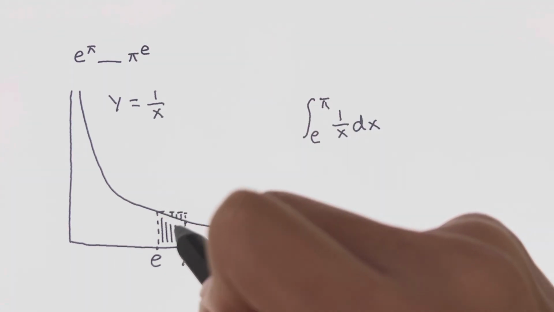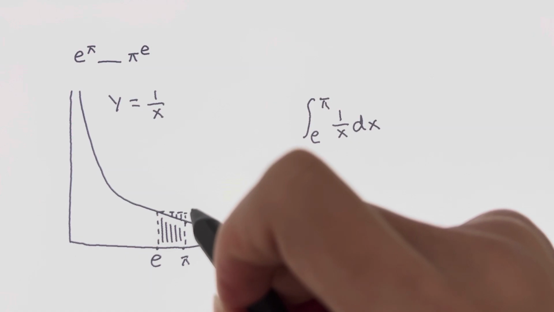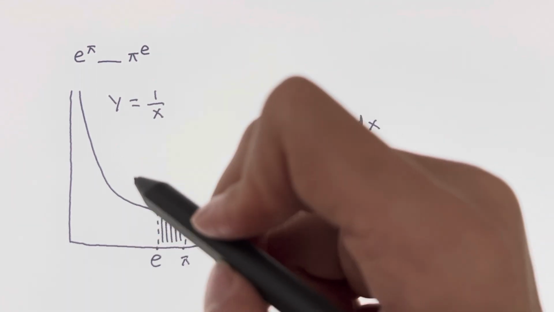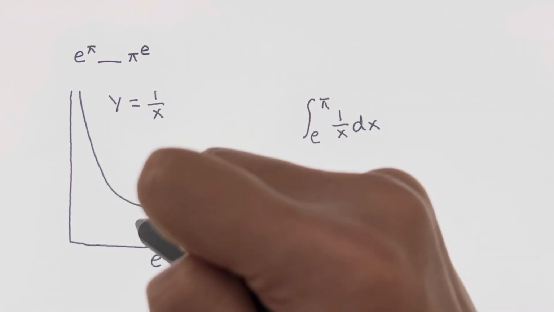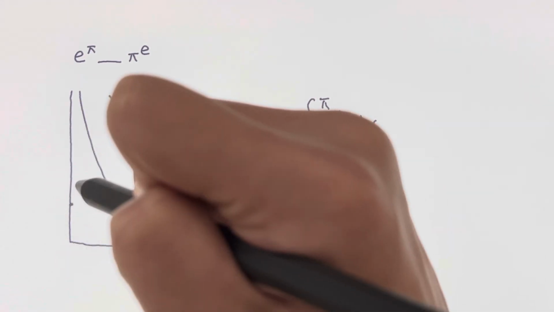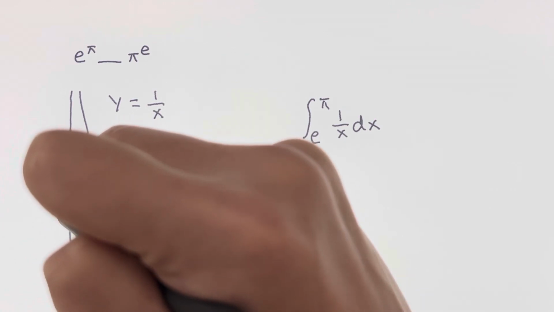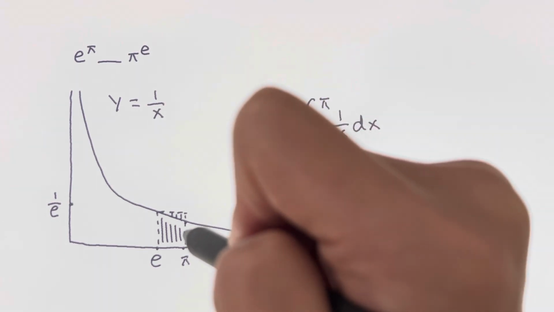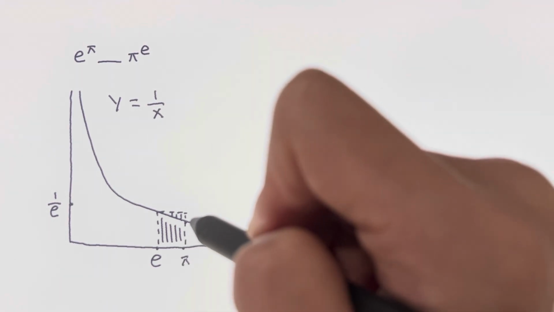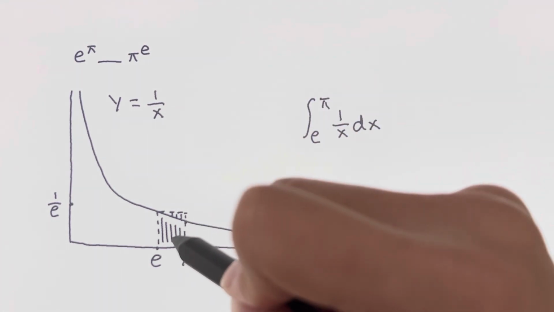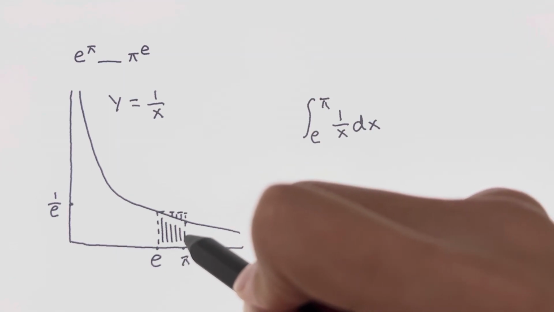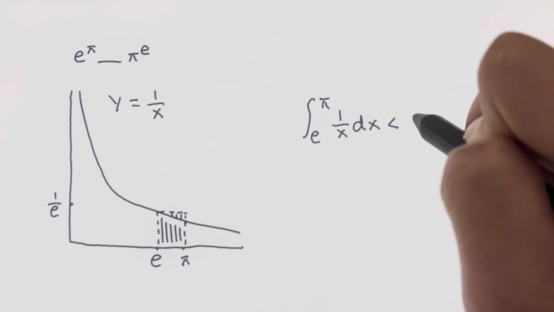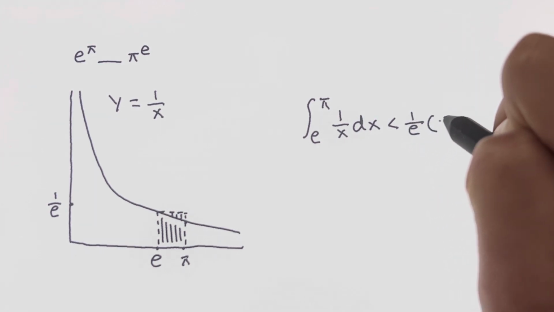The y coordinate is going to be the height of the rectangle, and this will be 1 over e, because this is on the graph of y equals 1 over x, and in this case the x coordinate is e. And then we know that the area under the curve is less than the area of the rectangle. So it'll be less than 1 over e times pi minus e.